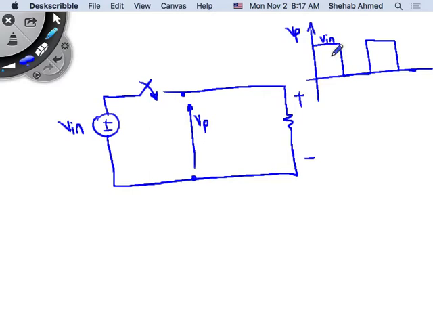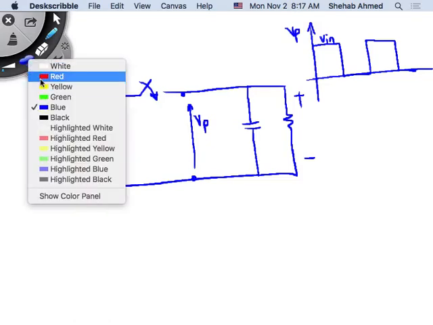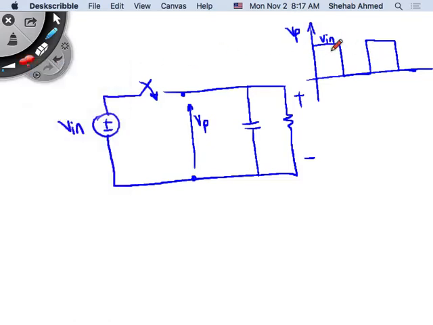So how do you reduce voltage ripple? We add capacitors. Anytime you want to reduce voltage ripple, you will definitely add capacitance. So this can do the job, but it will result in waveforms that look like this. I will charge my capacitor here to my input voltage, and then maintain the same. And then during the time when the switch is off, the capacitor will be feeding my resistive load.